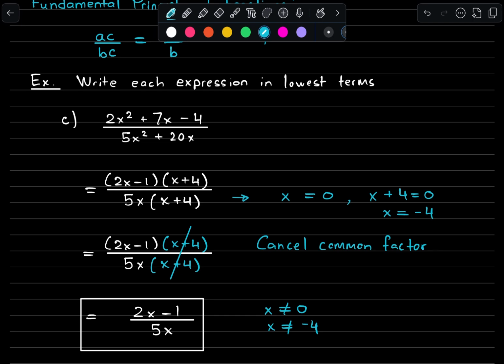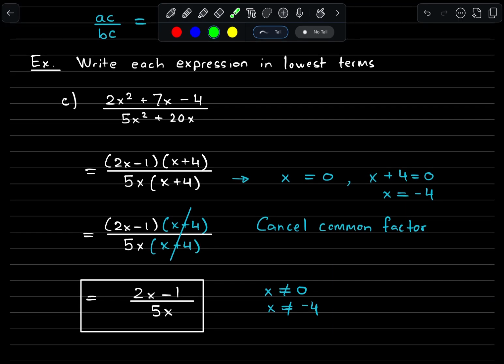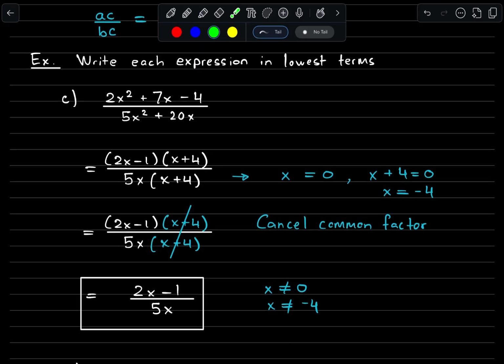Even though that x plus 4 isn't there anymore because we canceled it, we started with that in our expression, so x still cannot be equal to negative 4. So we have to add that exception, that rule in there. So just be mindful of that.